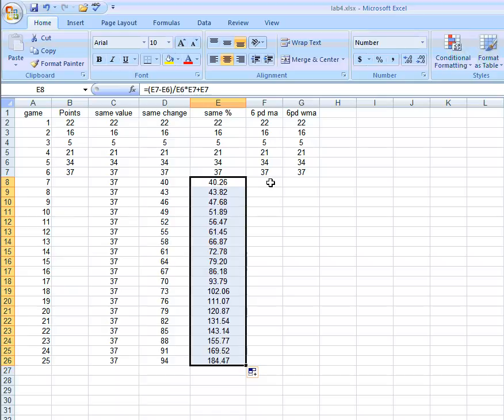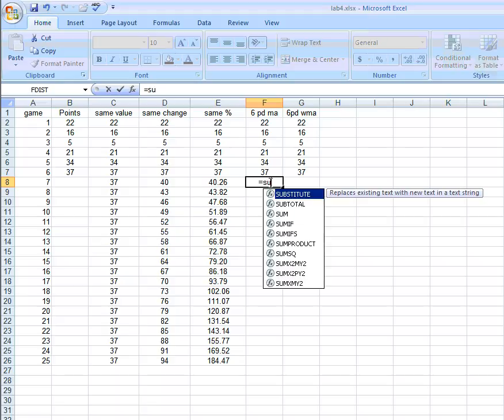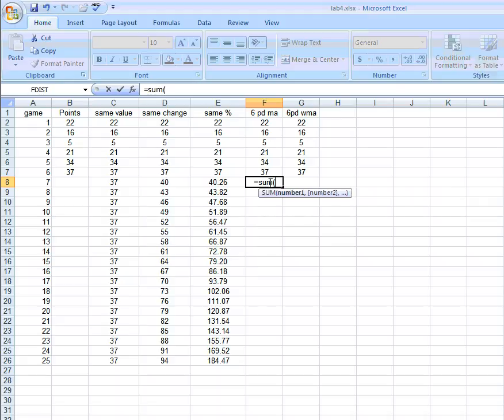6-period moving average. This is just going to equal the average, and you can do the average function. I am not going to do the average function because of what we'll do in the next round. I want to show you how it's similar. So sum those 6 numbers divided by 6.